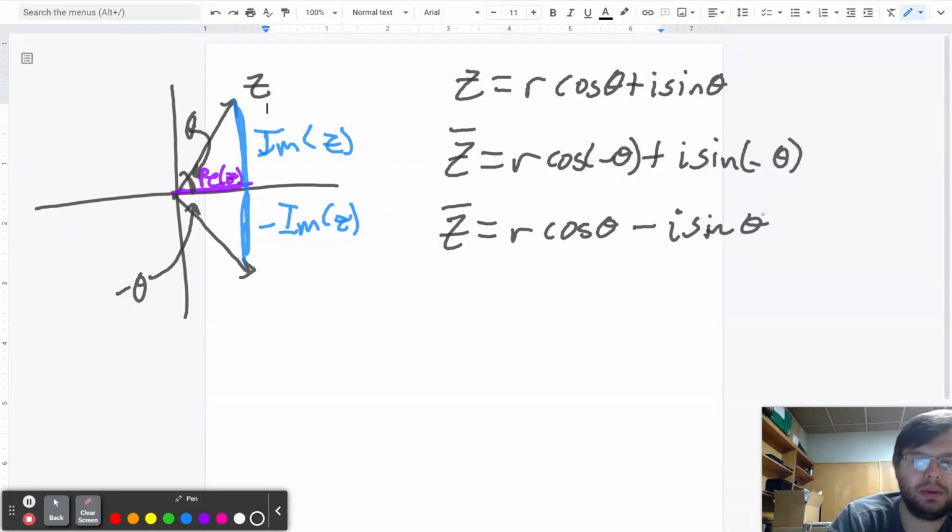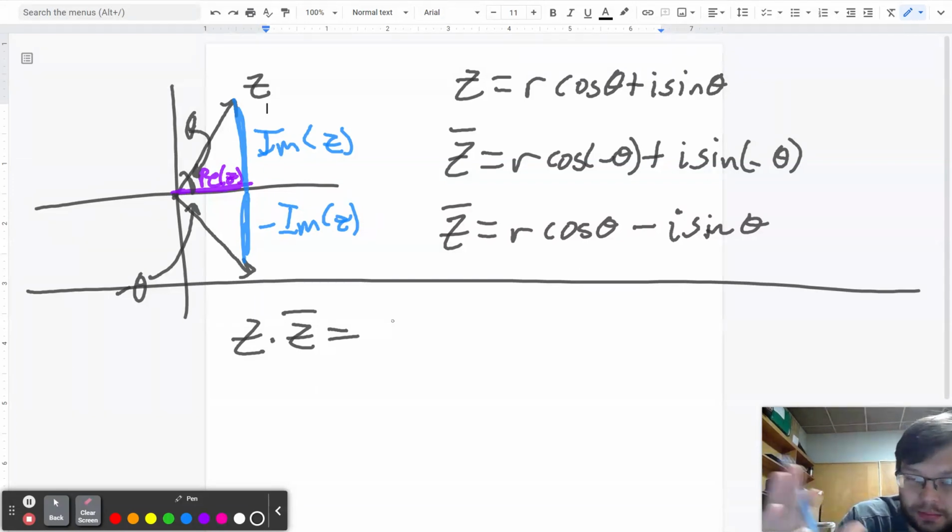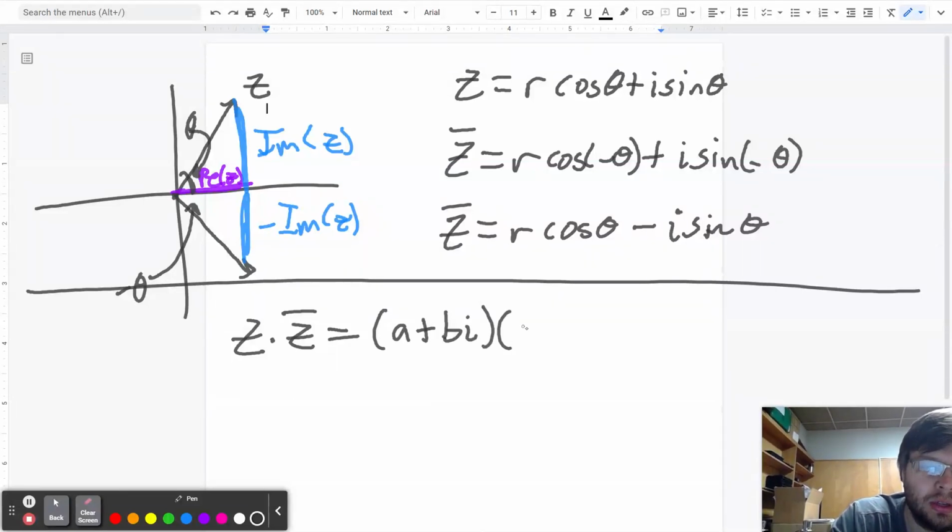Another nice thing about complex conjugates is what you get if you multiply z times z bar. You can do it using either your polar form with the cosine and sine, or with your rectangular form. I'll do it with my rectangular form for this example. a plus bi times a minus bi.